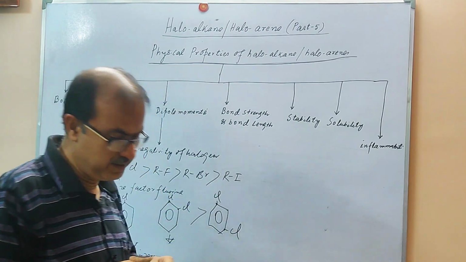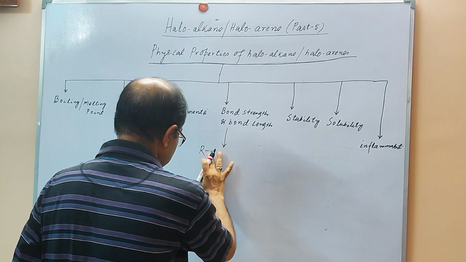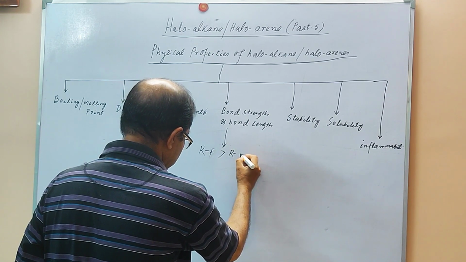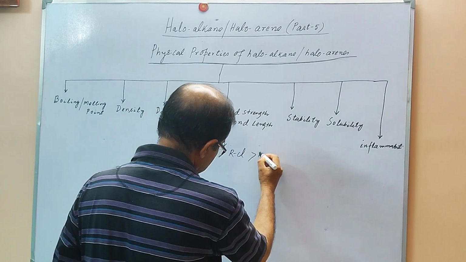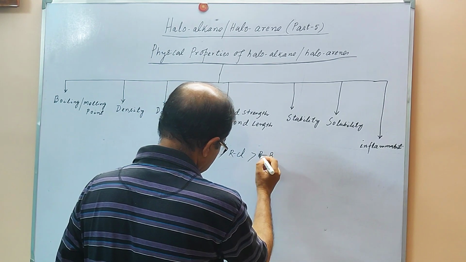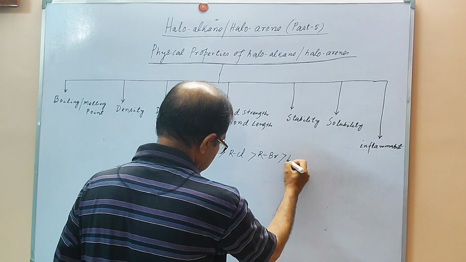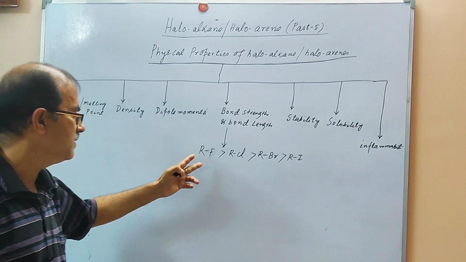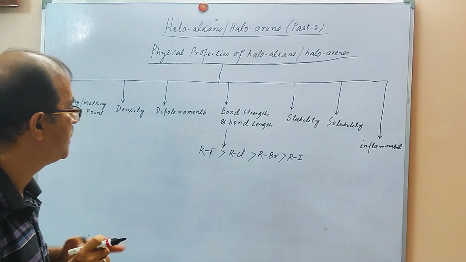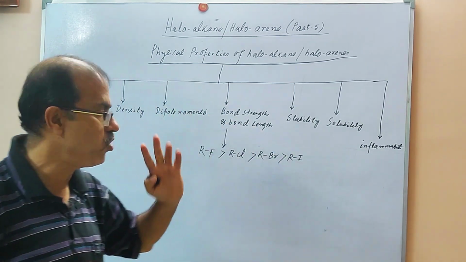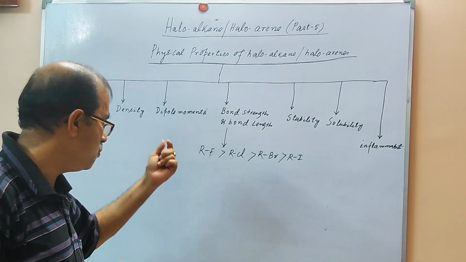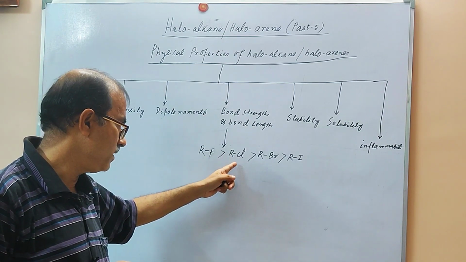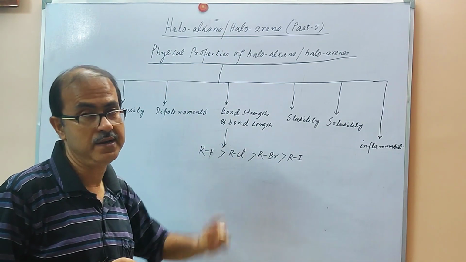Then we go next to the bond strength. RF will have the highest bond strength, followed by RCl, RBr and RI, because the bond length is lowest in the case of alkyl fluoride, followed by alkyl chloride, alkyl bromide and alkyl iodide.